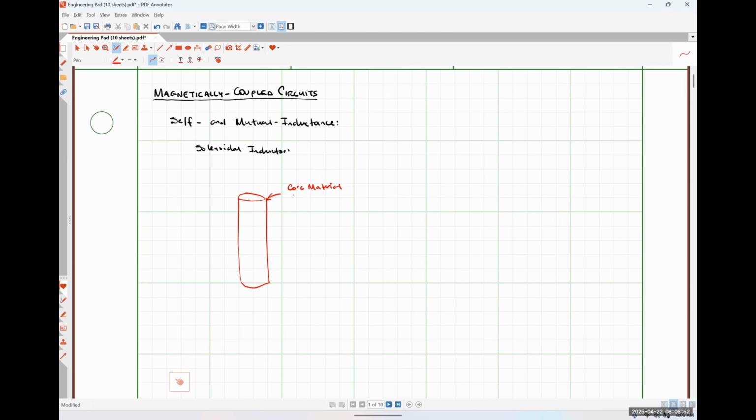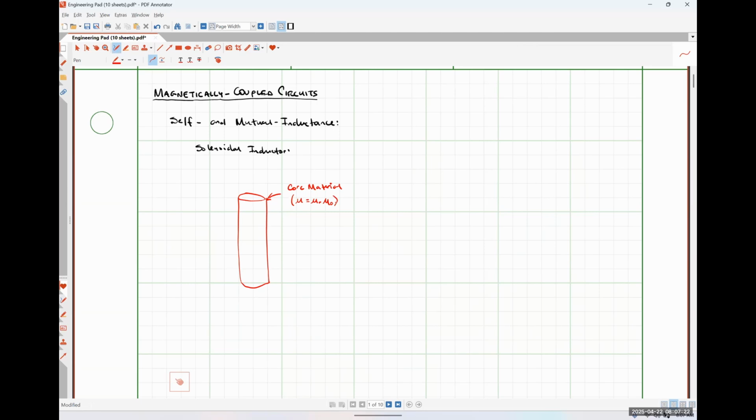So we'll have some permeability mu that is going to be equal to mu r, the relative permeability, times mu naught, which is the permeability of free space. Okay. We'll talk about this a bit more later on, but effectively that's what our core material is contributing for the most part. And depending on the type of material, that value of mu can either be very small.